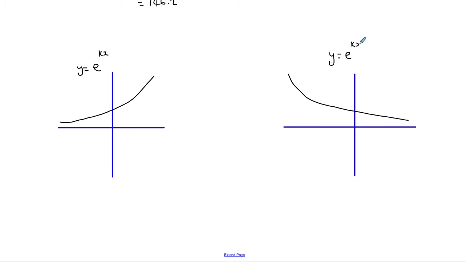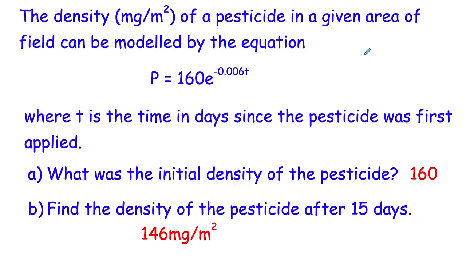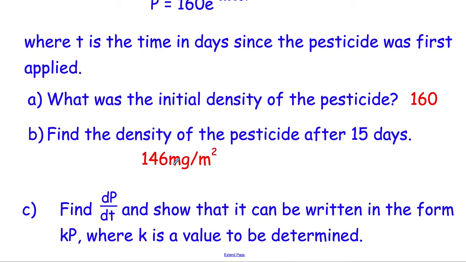So we will see exponential growth when k is greater than 0, and we will see exponential decay when k is less than 0. So a bit different than when we had the b to the power of x. That was exponential growth when b was bigger than 1, and exponential decay when b was between 0 and 1. A little bit different when we're working with e. So there's our 146 milligrams per metre squared.